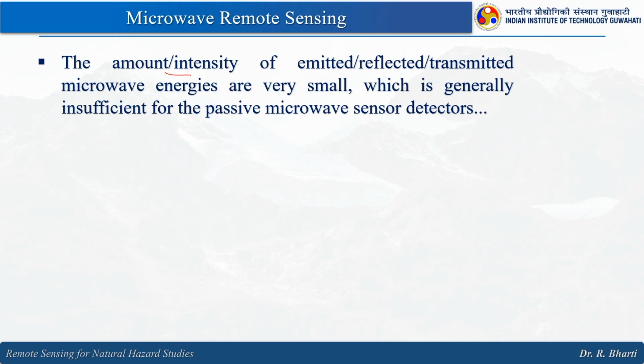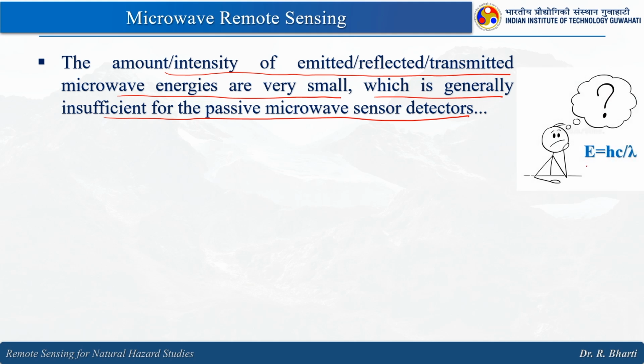The amount or intensity of emitted, reflected or transmitted microwave energies is very small, which is generally insufficient for the passive microwave sensor or detector, right. So, remember this E is equal to hc by lambda. Here, what is the relation? This is E, energy, and this is wavelength, right.